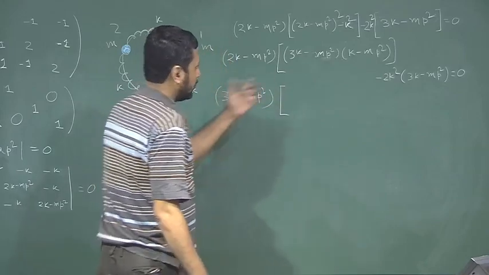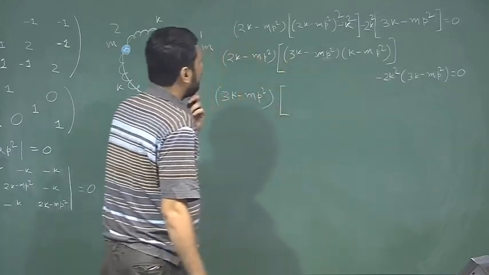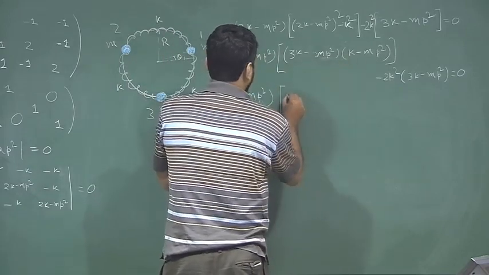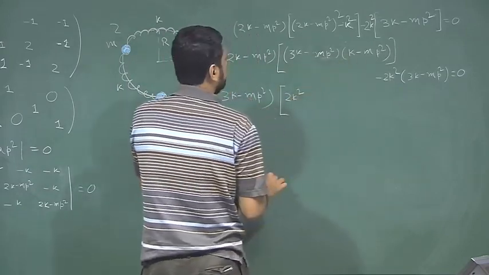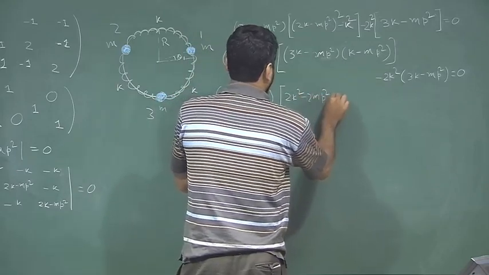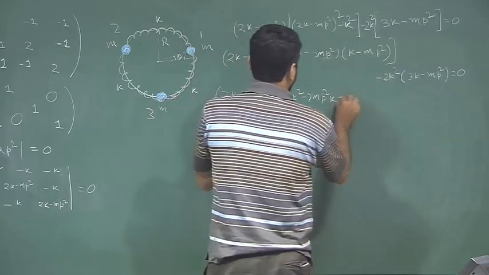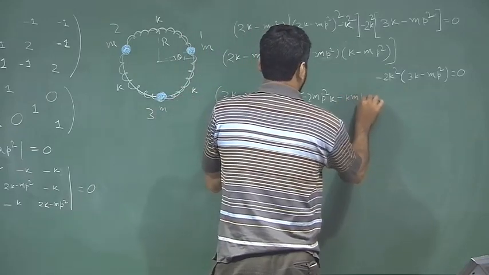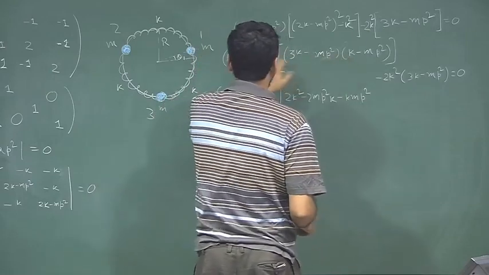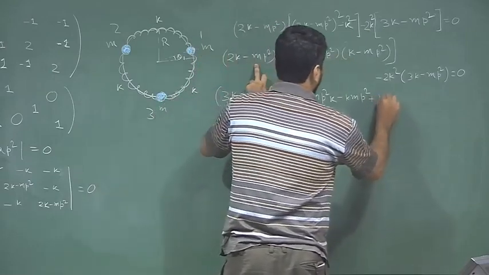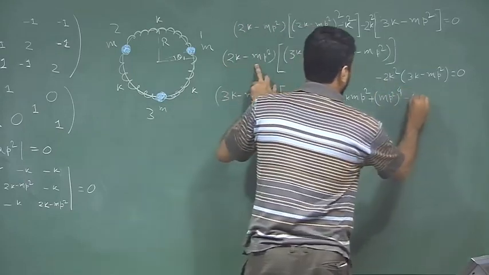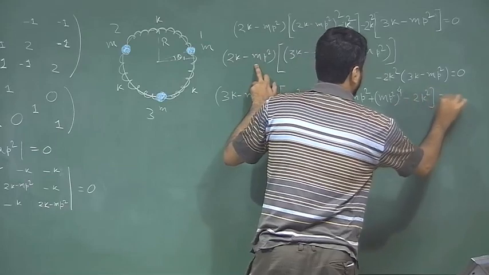If you take that common from both the terms, what is left is this multiplied by this, which will be 2k square minus m p 2 m p square k minus k m p square, plus m p square whole to the power 4 minus 2k square equal to 0.